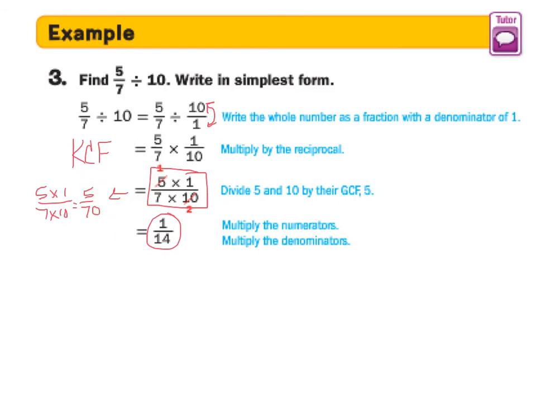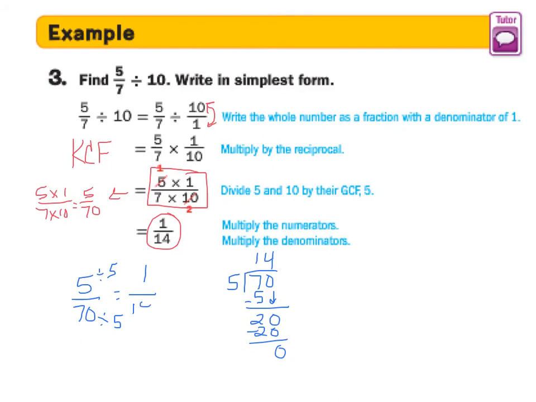So we would have taken that 5/70 and we would have had to divide by 5 to simplify. And 5 divided by 5 is 1. Now the 70 divided by 5, I probably would have had to do a little chicken scratch here on the side. 5 goes into 7 once. Multiply, subtract, bring down the 0, and 5 goes in there 4 times, 20, we have a remainder of 0, so it would be 1/14.